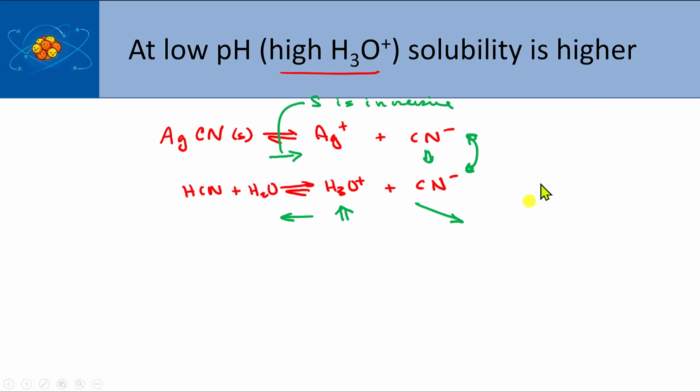Now, you could go the other way too, but if there's no HCN in the solution, making the pH lower, you can't actually make more cyanide. Typically speaking, insoluble compounds, if they're coupled to a conjugate base of a weak acid, those will be more soluble at lower pH.